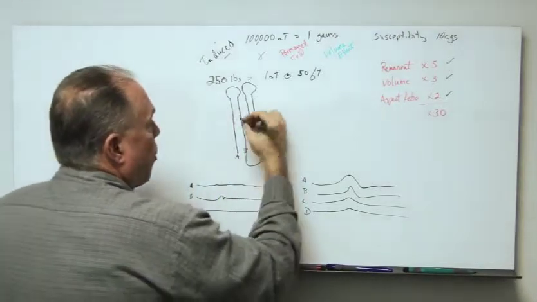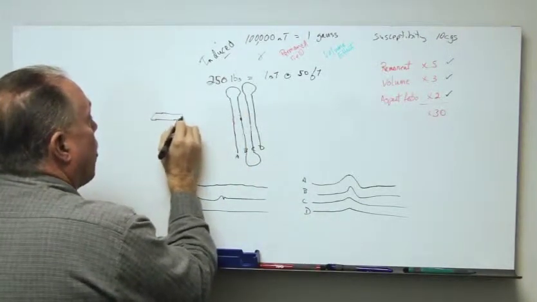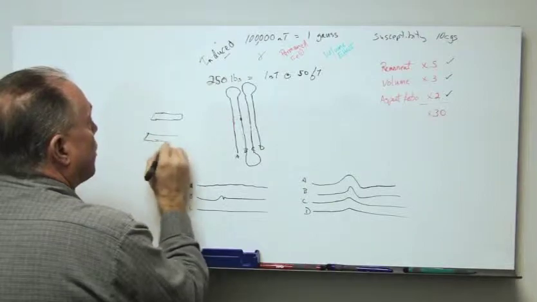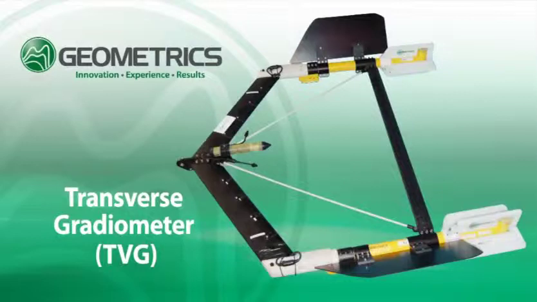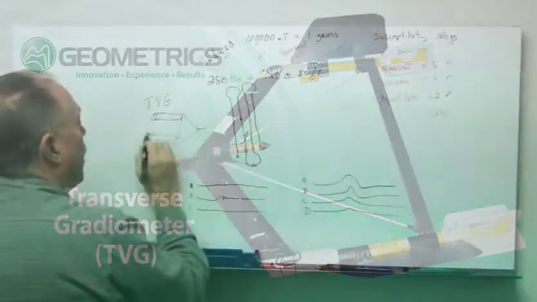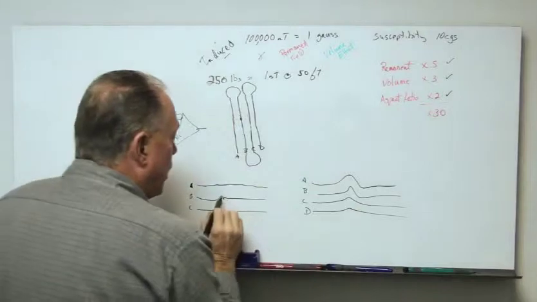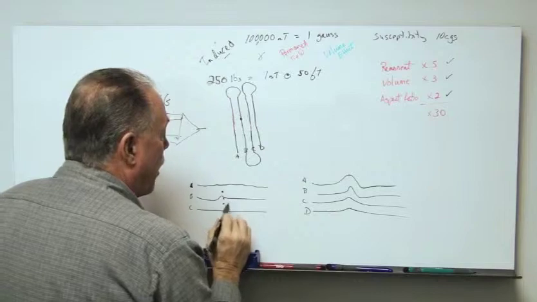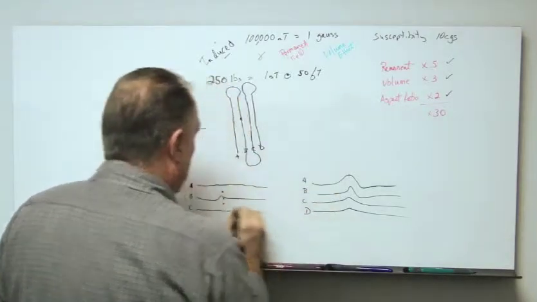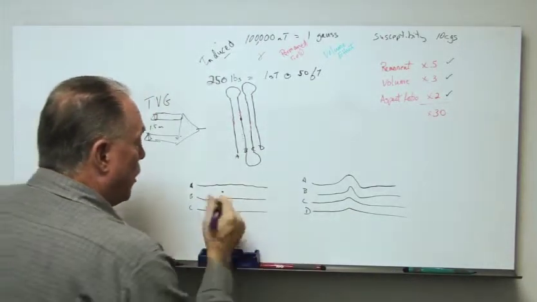And so if we tow a sensor array where we have one sensor, and then we have a second sensor, and we are towing a transverse gradiometer, TVG, where we have a separation here of perhaps 1.5 meters, then even if we only see it on one line, we immediately know whether it's on the left or the right, because we'll be getting dual lines, and one of these lines will have a slightly greater amplitude than the other one.